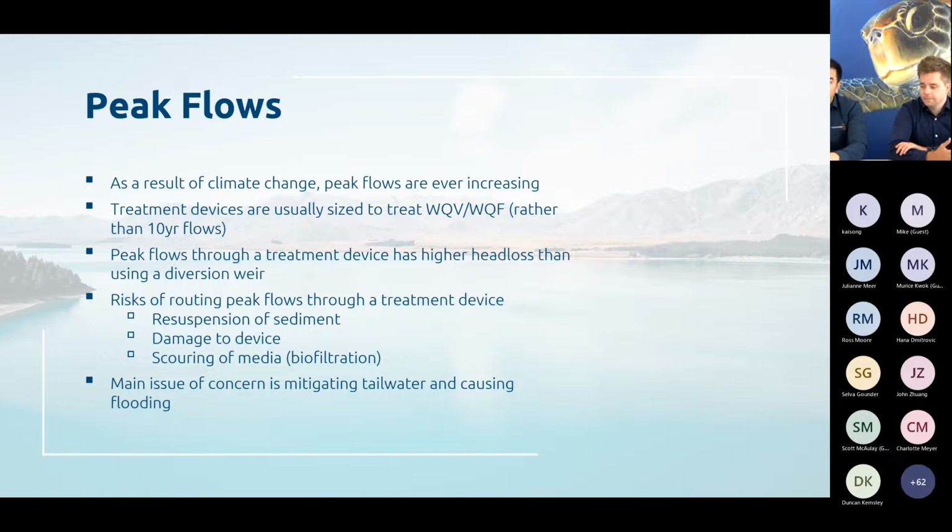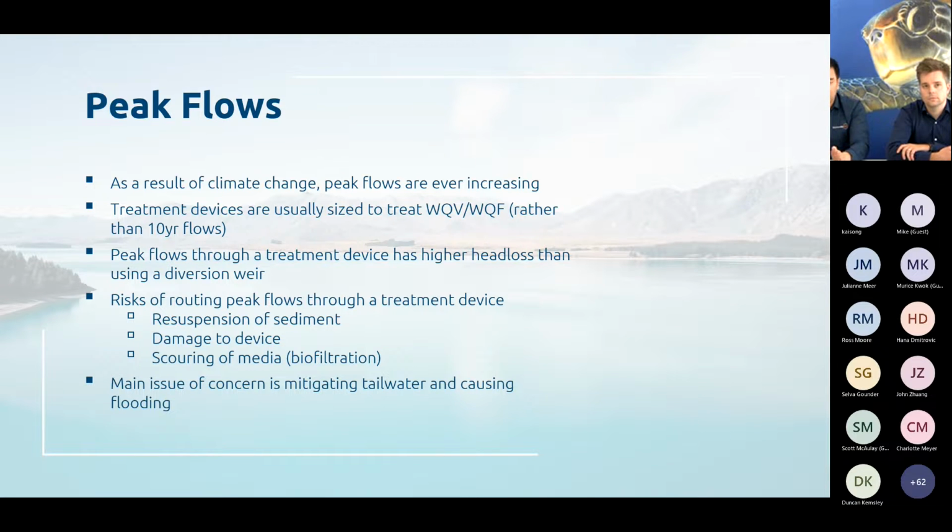So a treatment system can be installed in an online or offline configuration. Now, historically, all systems used to be installed online, where all the higher peak flows go through the treatment system. But remember that the treatment system is typically designed only to treat the water quality volume or the water quality flow. But the network reticulation itself is designed to handle up to the 10-year or sometimes even the 100-year peak flows.